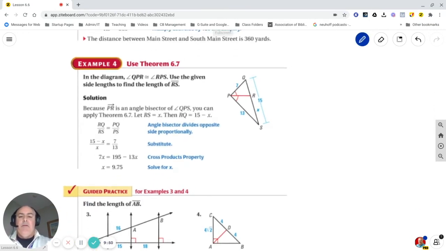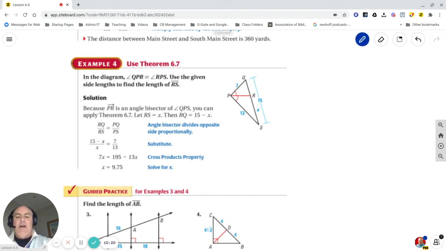In this example, I'm told that this triangle, QPR, is going to be similar to this triangle. So now, what I'm able to do is use my relationships. What I have here is an angle bisector, and I'm able to use the theorem that I had previously.